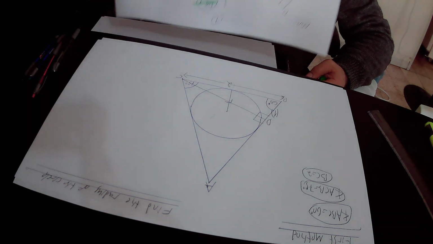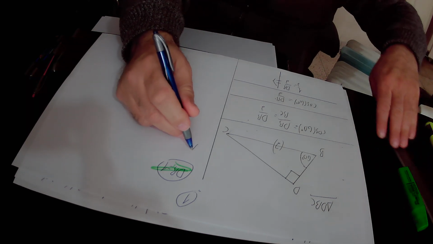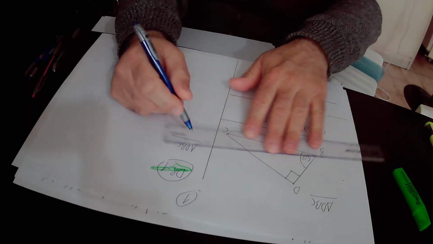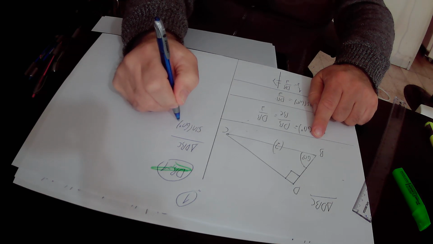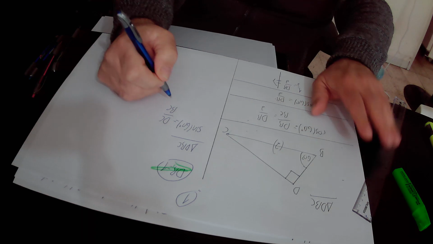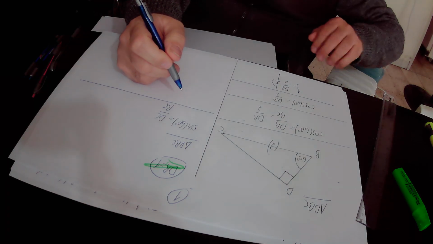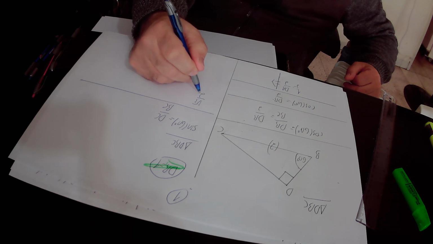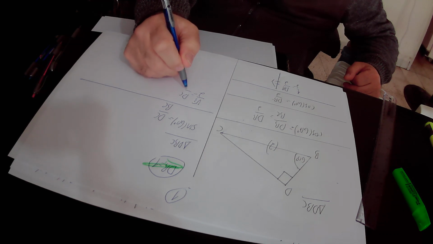We'll continue to focus on the right triangle DBC. On the right triangle DBC, sine 60 degrees equals DC over BC. Sine 60 degrees is square root of 3 over 2 and it equals DC over BC, and BC is 2.